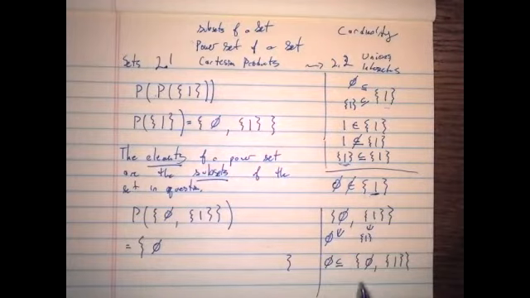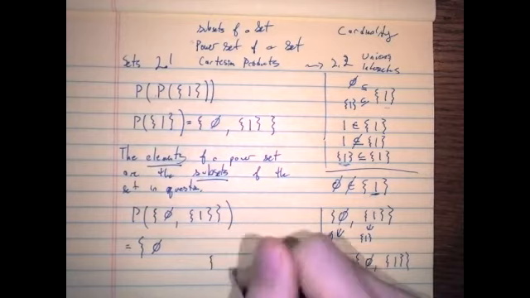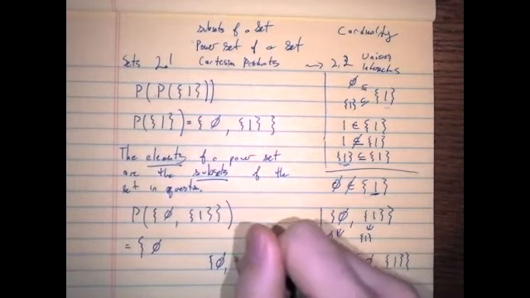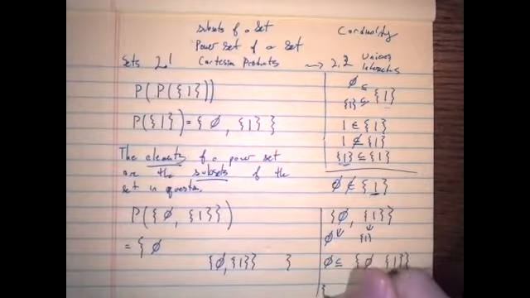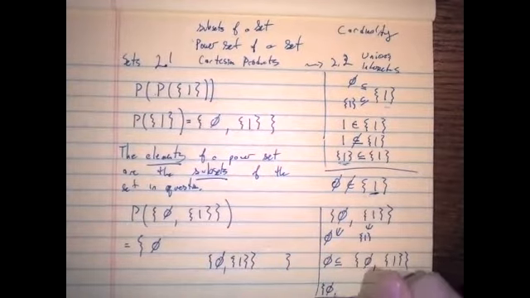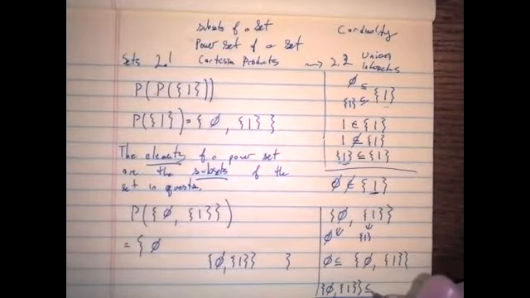What else is a subset that we get for free? Yes, the set itself. So another thing that goes in here is the set containing the empty set and 1, because it is certainly a subset of itself.